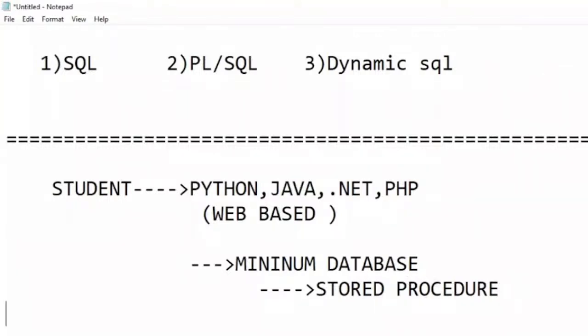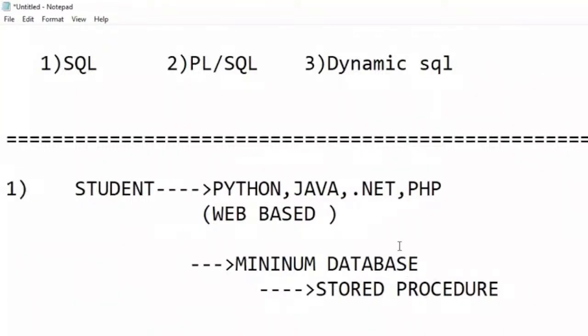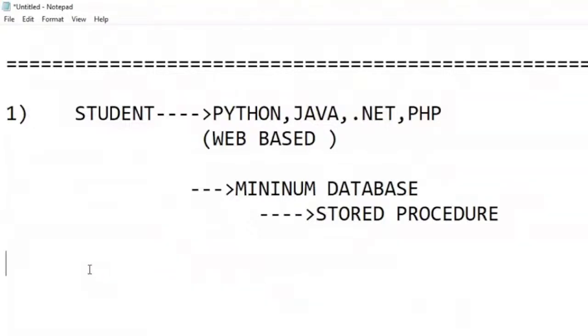Second point of view: many different types of persons learn Oracle worldwide. Many people are struggling for a job.